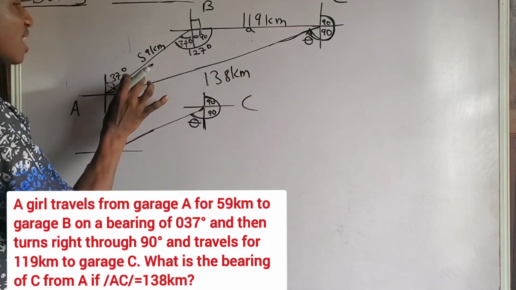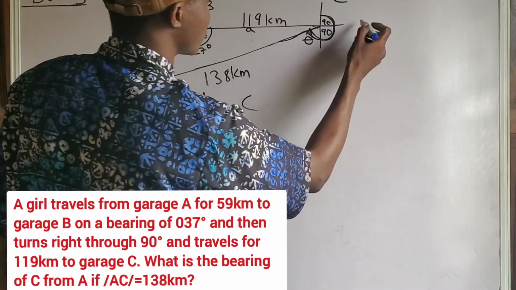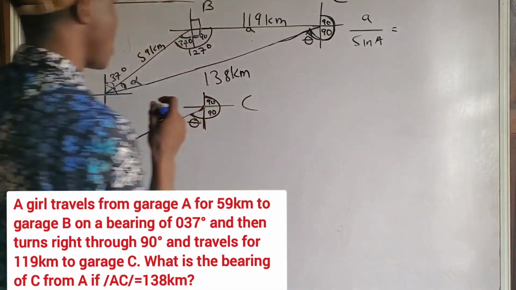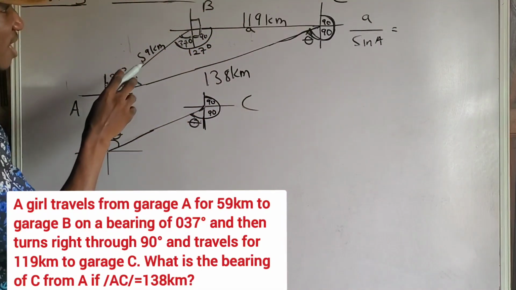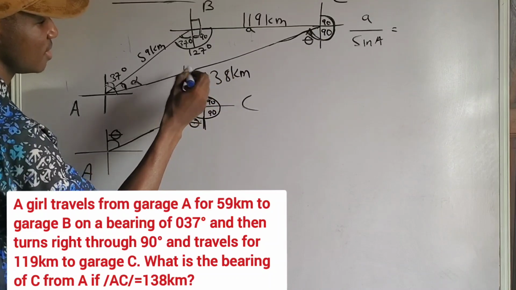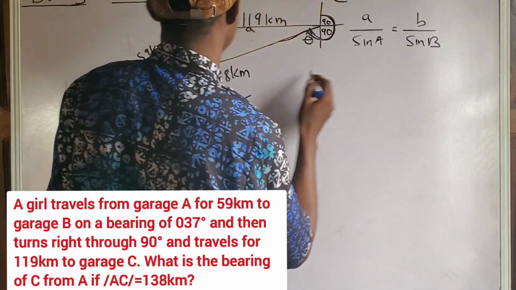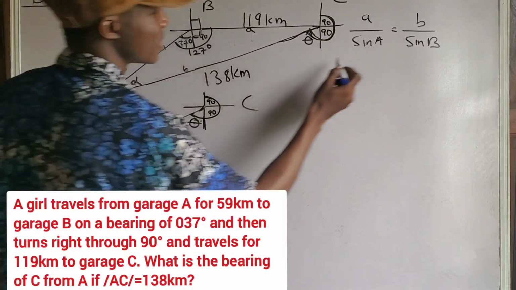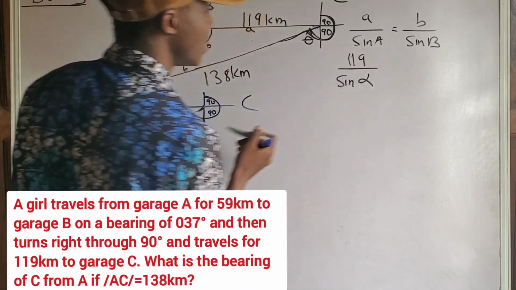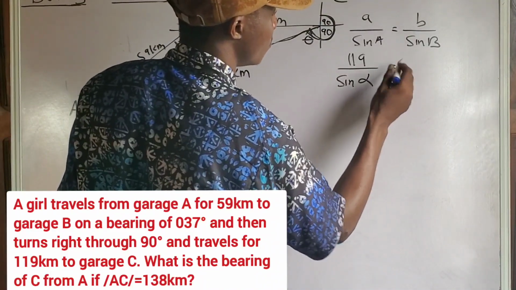So with respect to this diagram, I can easily get the value of alpha by combining this angle and this side, and this angle, which is alpha itself, and this side. Do you understand? According to the sine rule, I'm going to have a over sine A equals b over sine B. A is 119 kilometers, and instead of A, I'm going to call the angle alpha.